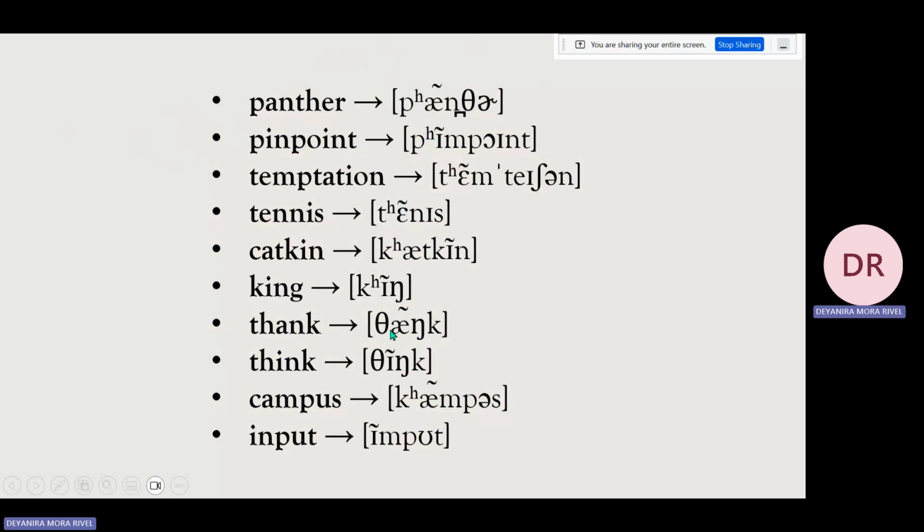Thank. Here the K is not aspirated, right? It's at the end. Or think. Then we have campus. So the K is aspirated and the vowel is nasalized. And in input, we have a nasalized vowel and an unstressed syllable with put, so there's no aspiration in that case.